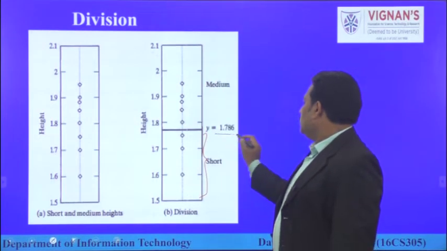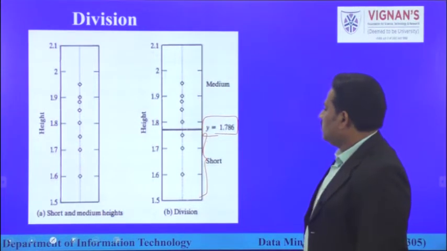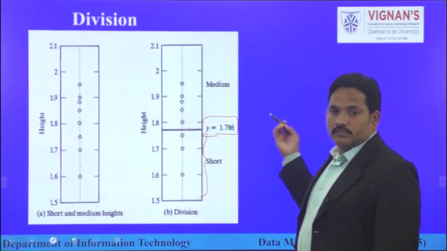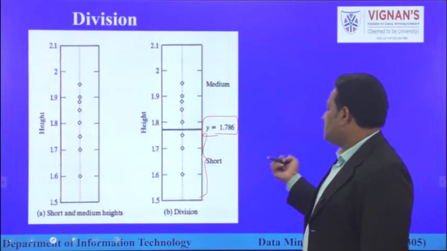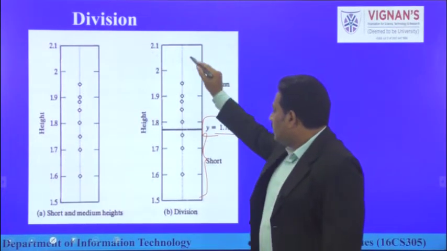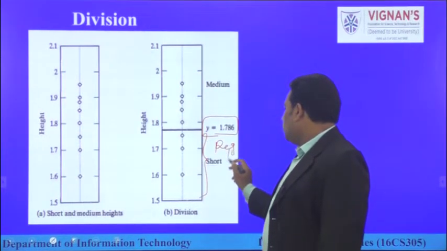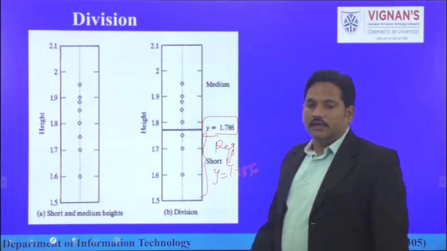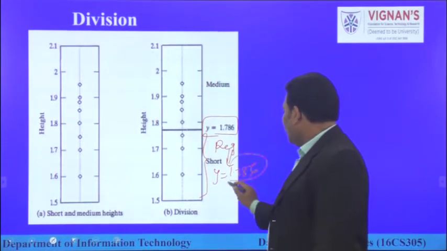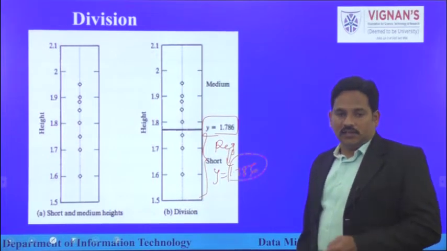Here y equals 1.7x, that is the average value, or you can say the error value, which is 1.786. After taking all the values and calculating the regression coefficient, we got y equal to 1.786. That is the point at which we are getting an error while assigning the class label.